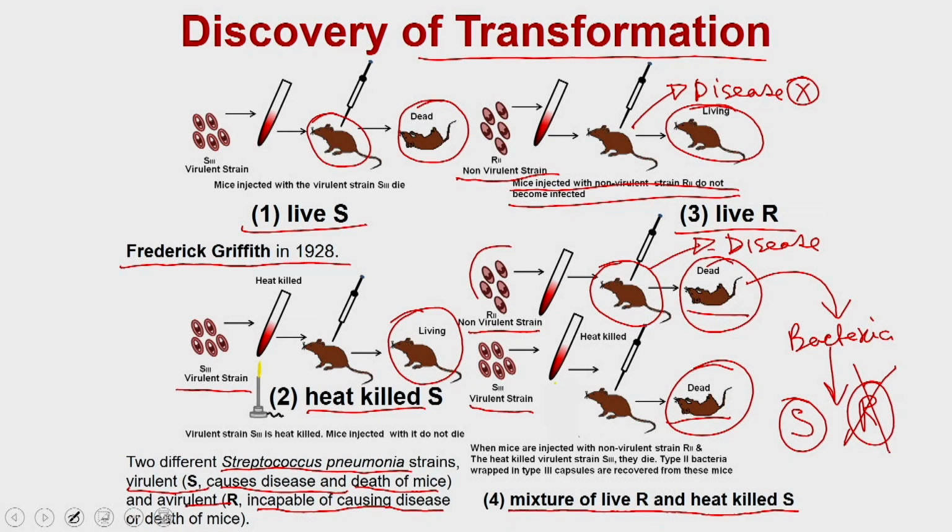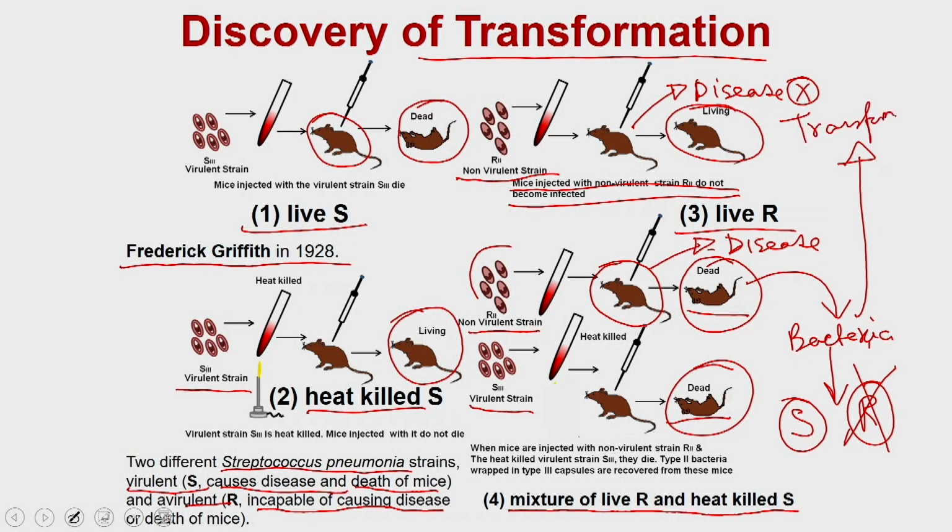So, this S strain was live S strain, which means the live non-virulent strain has taken up the DNA or the transforming agents from the virulent strain, and that is how the non-virulent strain becomes the virulent strain, and that is how it has developed the disease in the mice, and that is how it has caused the death of the mice.